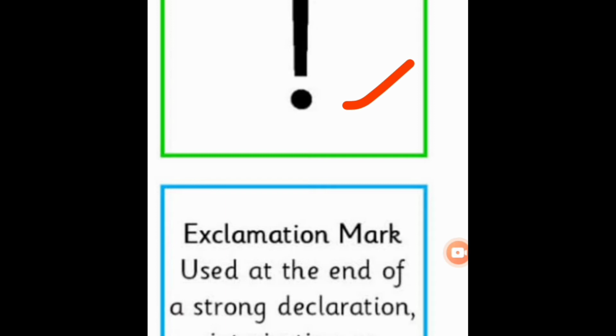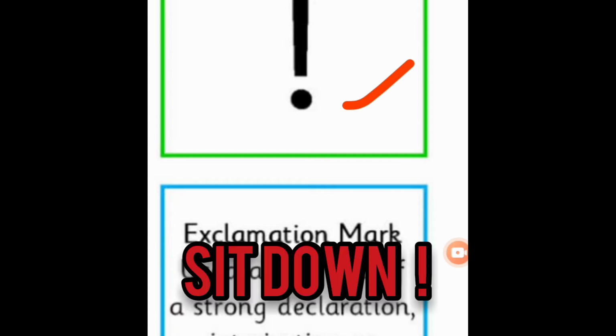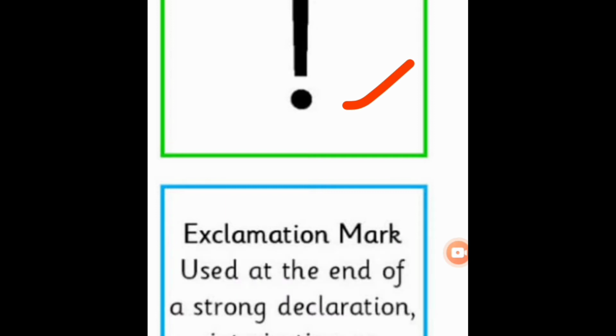Whenever we give a command or suggestion, or express our strong emotions, we use an exclamation mark. For example, if we write sit down, we have to put an exclamation mark at the end. So these were the four punctuation marks for today.